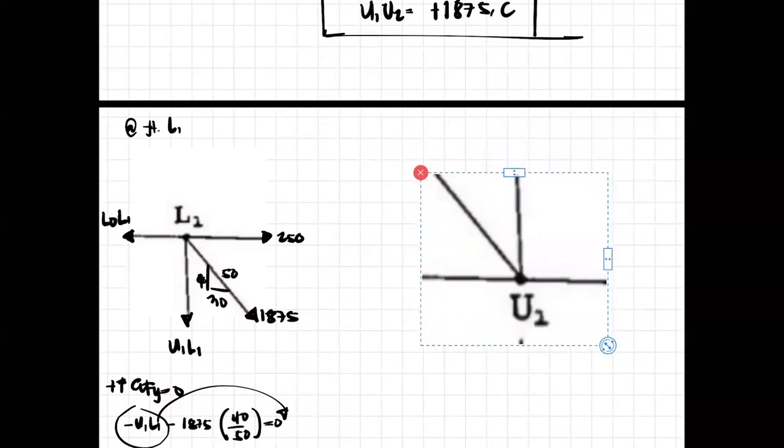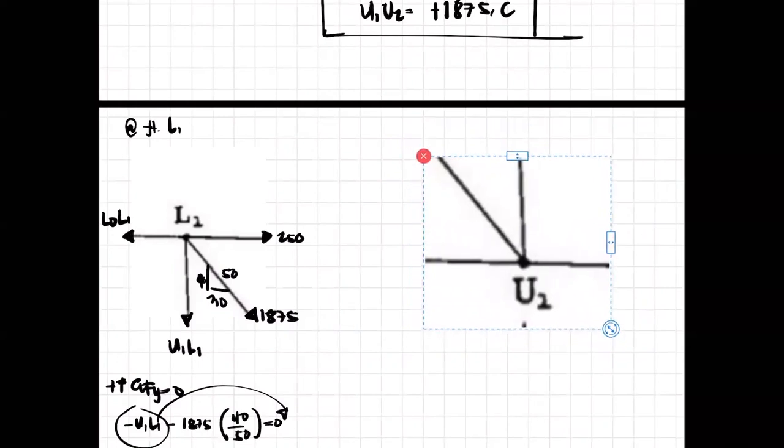Okay. So sa U sub 1 at joint U sub 1, we have this one. This is L1 U1.